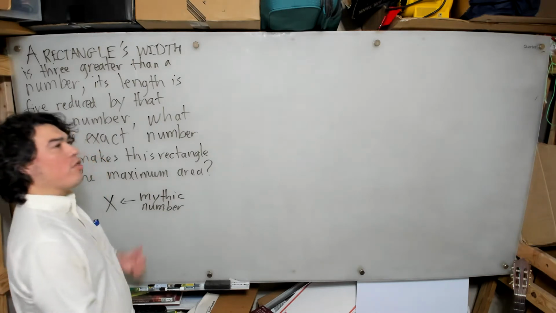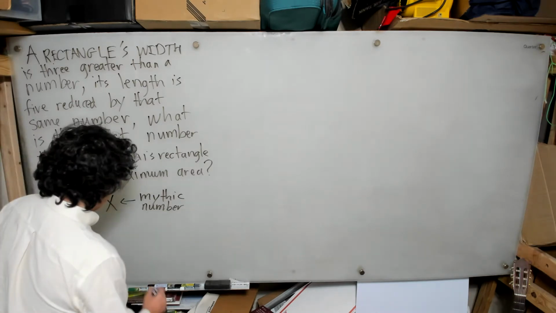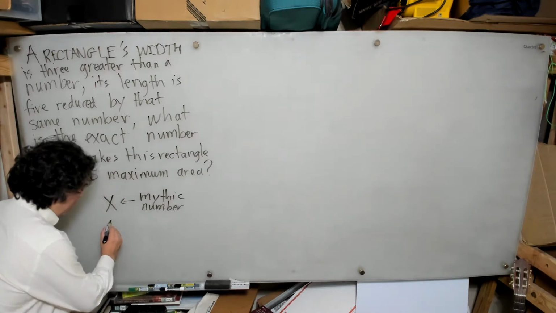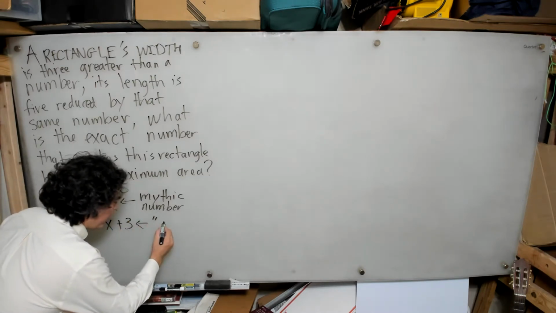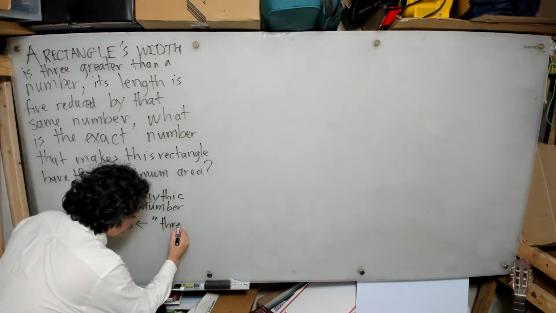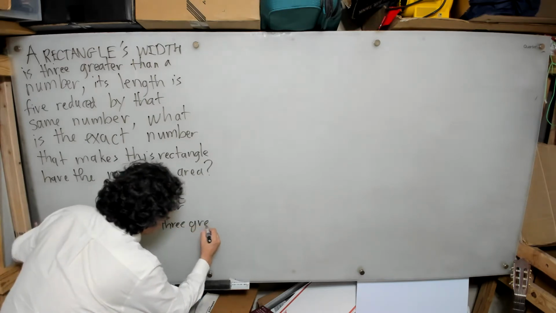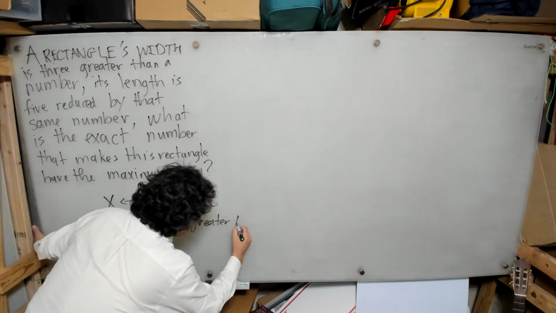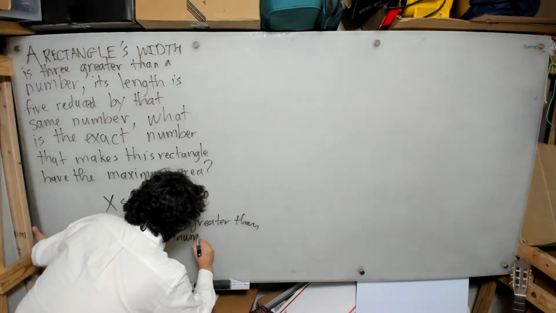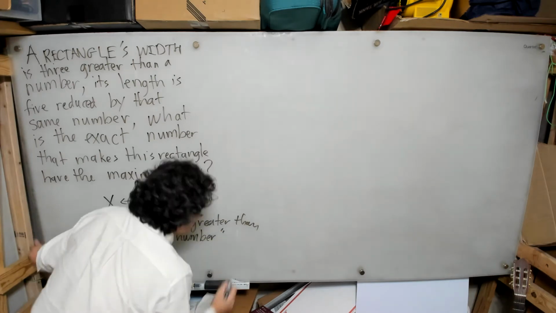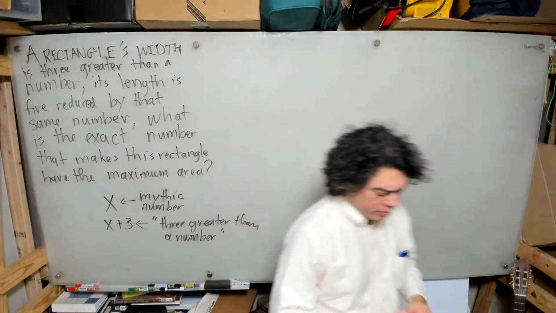We can see 3 greater than a number is x plus 3, okay? This is the translation of 3 greater than a number. Now, let me convince you of this.